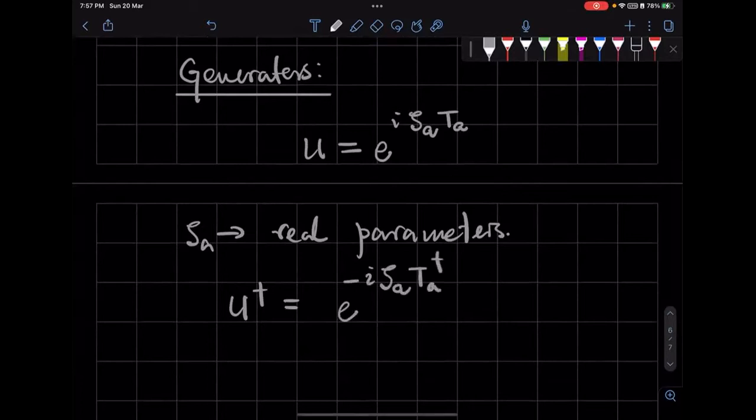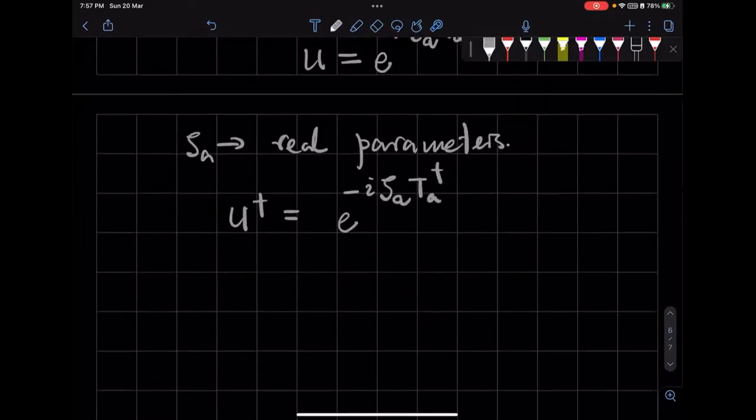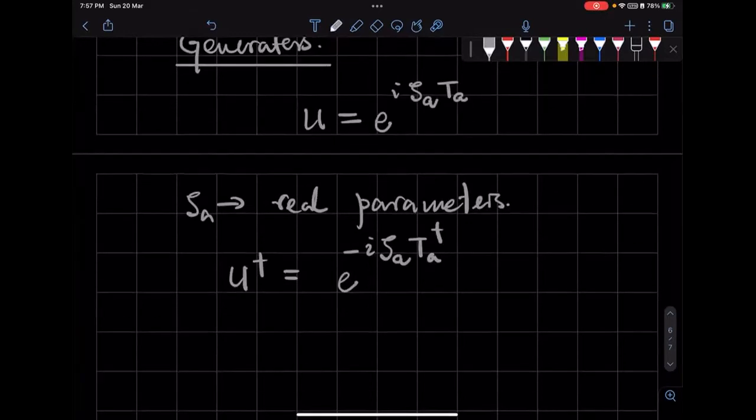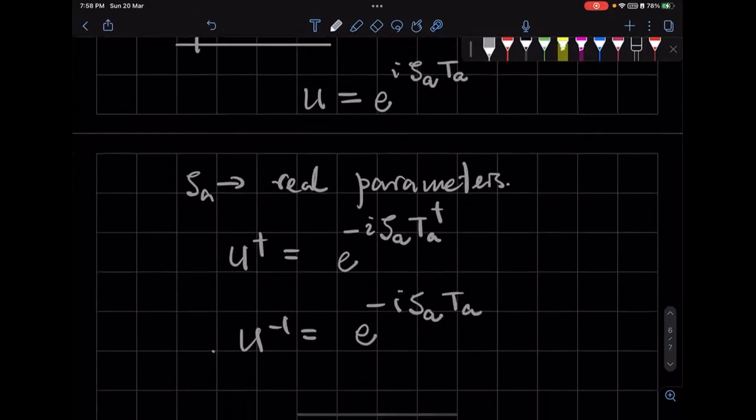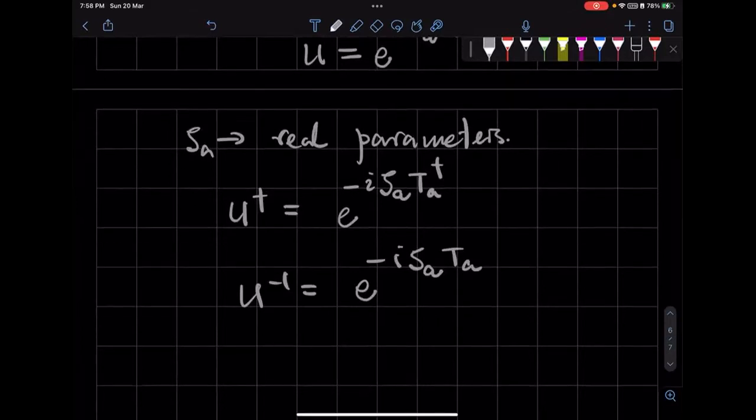Because if you do the series expansion, every term, I will flip its sign and T will become Hermitian conjugated. On the other hand, U inverse is E to the minus i zeta A T A, so that if I multiply these two, we get 1. So according to the unitarity condition, these two things are equal.